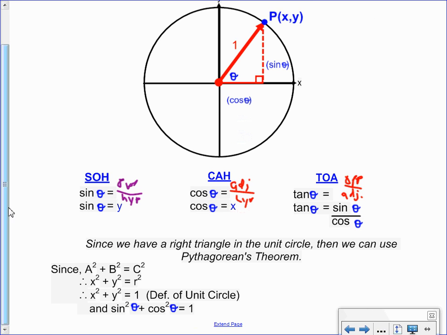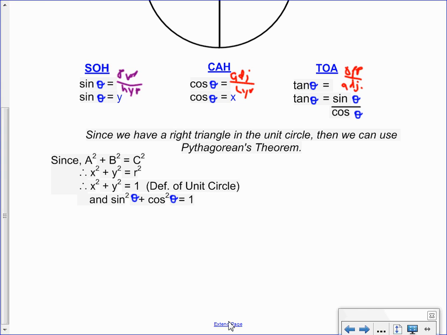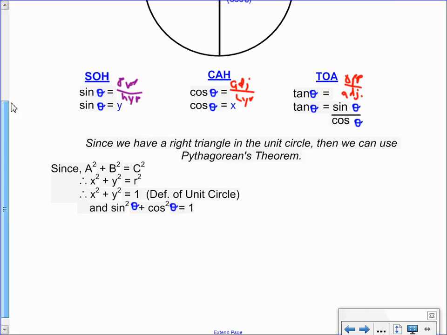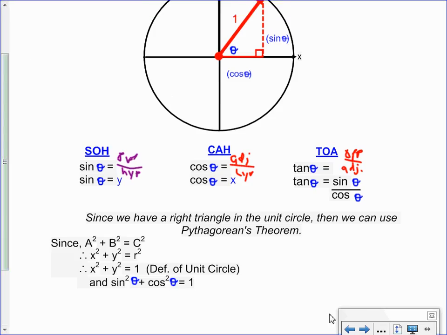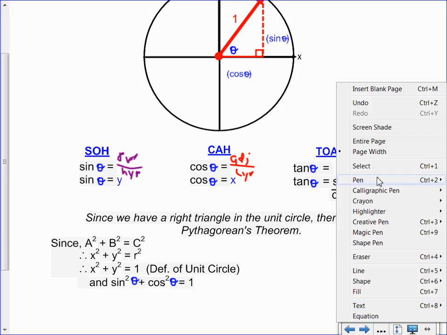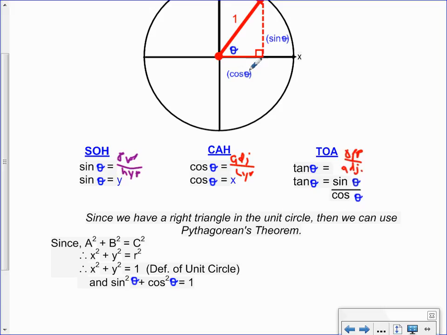Since there's a right triangle, then we have the Pythagorean theorem. So we all know that a squared plus b squared equals c squared, right? So on our picture over here, since the cosine is x and the sine is y, then x squared plus y squared equals 1, or r squared, right? 1 squared is 1.